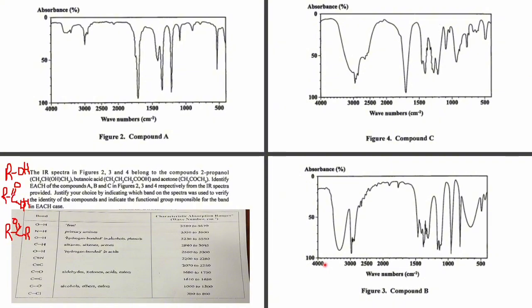At the bottom here, just going visually, I would say this can potentially be the alcohol because look at that OH band, or the OH peak, on your spectrum. And by the method of elimination, I would say figure 2 is most likely your ketone. But now we're going to work through it.